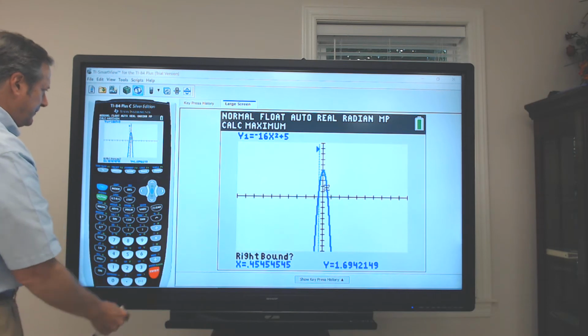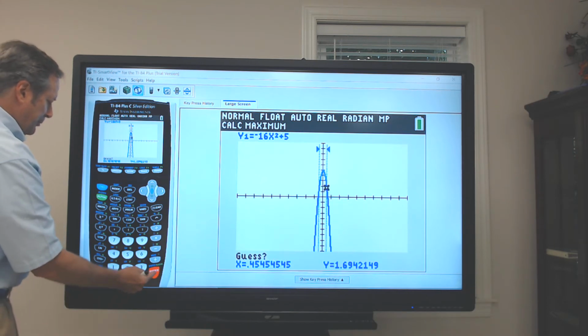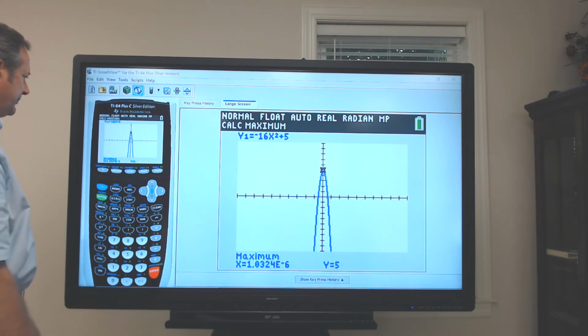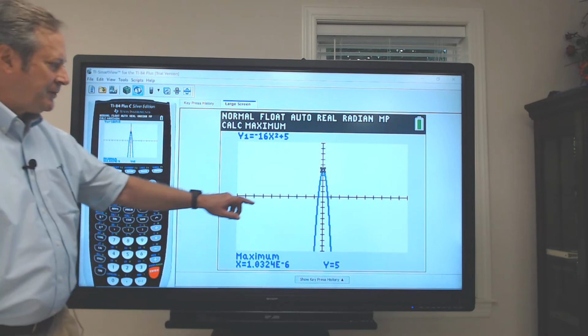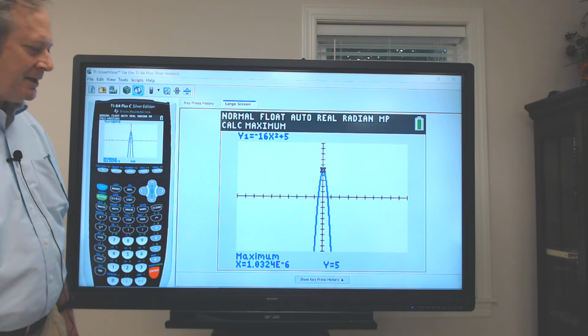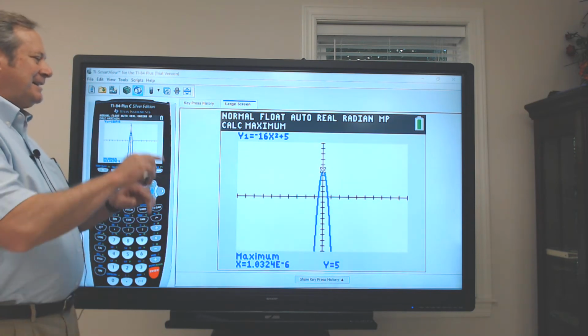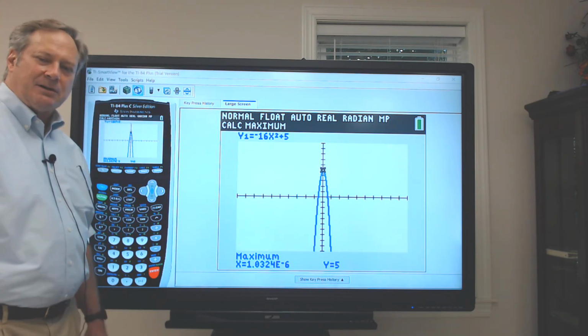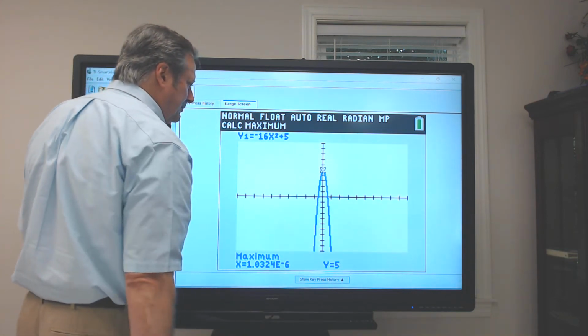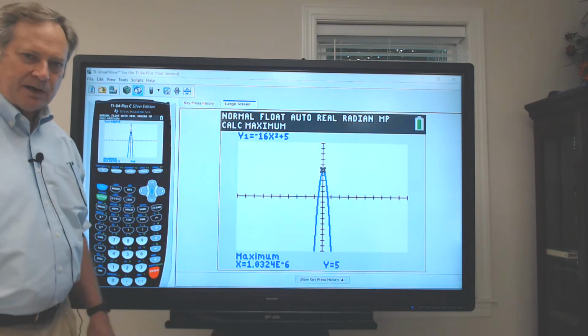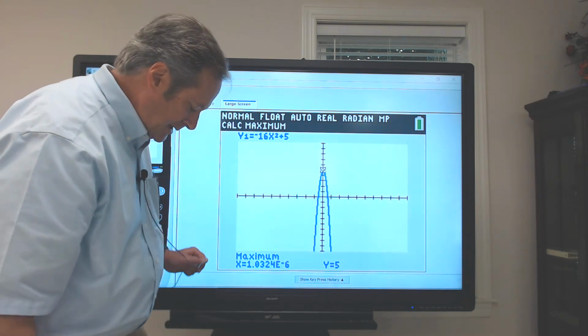You hit enter, and then the last time, boom, hit enter 3 times. And so where y is 5 is the maximum value. And had I done that problem right, the peak of that parabola would tell you exactly what x value would create the maximum profit. So sorry about that, guys.